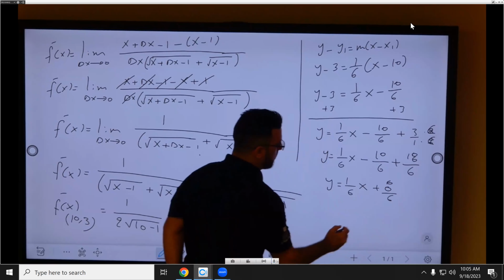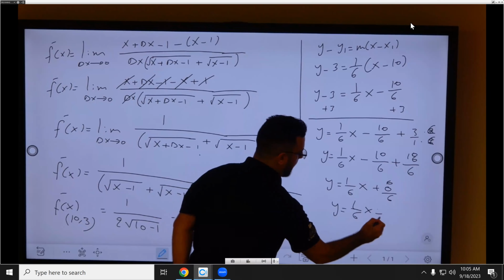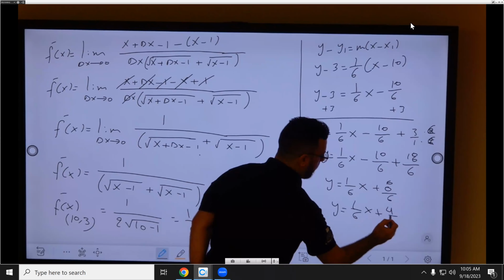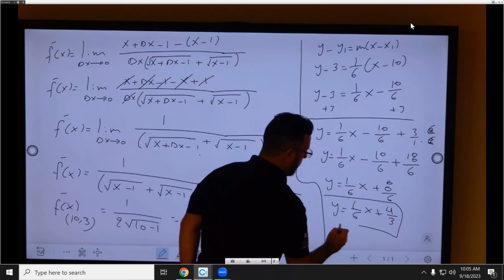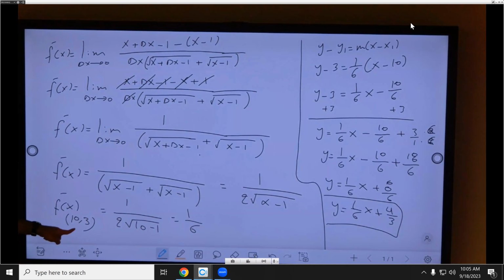Can you simplify this one? 1 over 6 x plus 4 over 3. So this is the equation of the tangent line at this point. Okay? You see, the whole steps we did were just to find the slope.